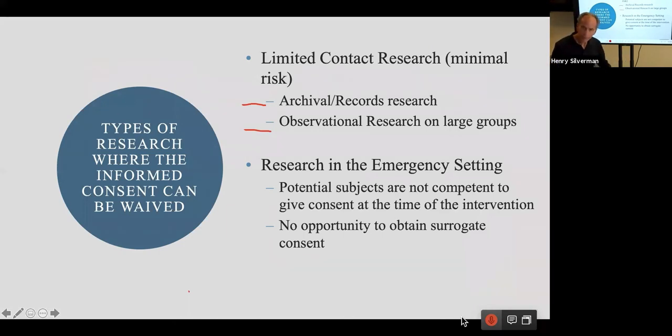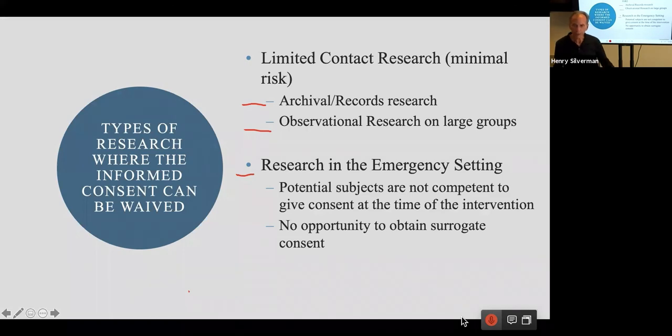That's, again, limited contact. And then we have research in the emergency setting. All right, good. So we have some broad categories, but not all medical record research is it permissible to waive the consent, and not all research in the emergency setting is it permissible to waive the consent.